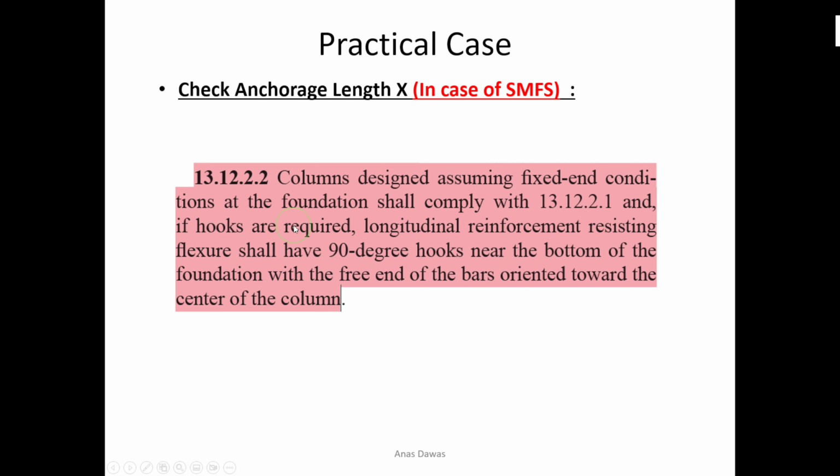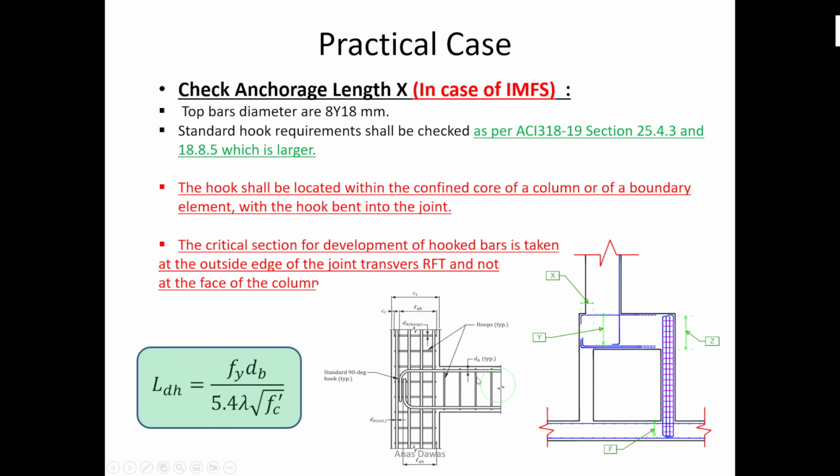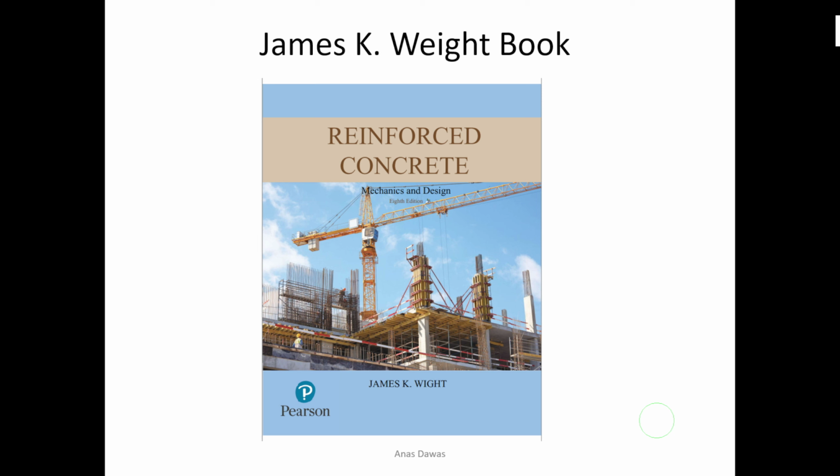ACI 350 states that longitudinal reinforcement resisting flexure shall have 90-degree hooks near the bottom of the foundation with the free end of the bars oriented toward the center of the column. This is preferred more, and I have seen both turned outside and turned toward the center, but this is preferred more, especially for the special moment resisting frame.